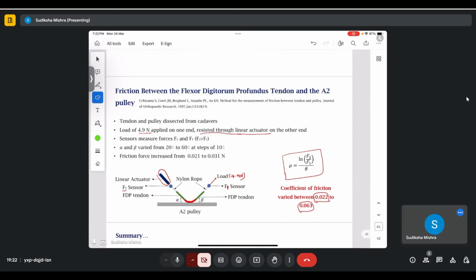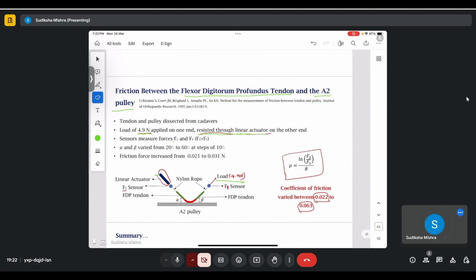So usually the measurements for frictional values can be done by dissecting tendons and pulley from cadavers. In this scenario, the flexor digitorum profundus tendon and A2 pulley were dissected out, and then a load of 4.9 Newton was applied on one end, resistant to a linear actuator on the other end.